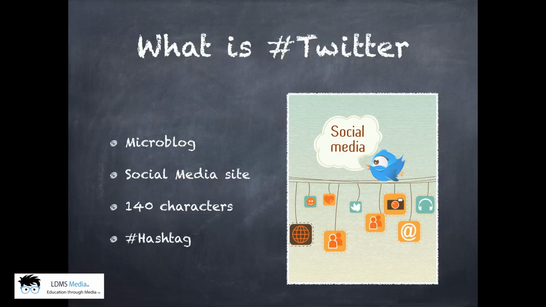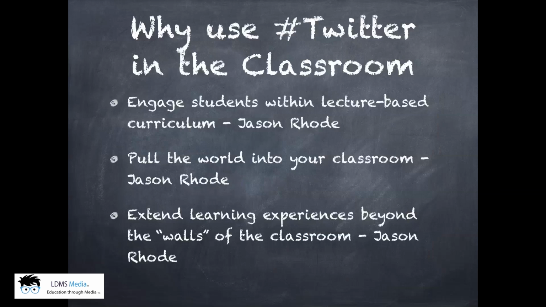You put that hashtag on your tweet, and if you put that hashtag in the search key, which I'll show you in a bit, you can see the running conversations going on with that hashtag. And later on, I'm going to show you how you can create a hashtag for your classroom.